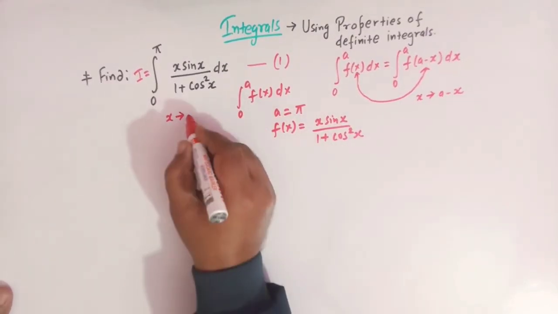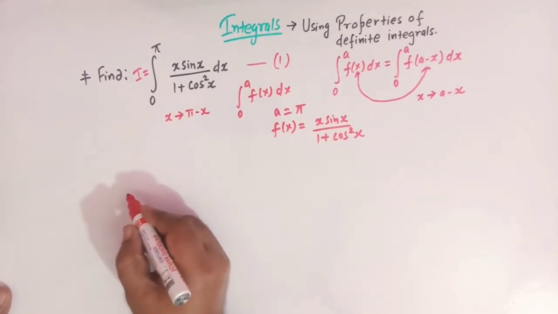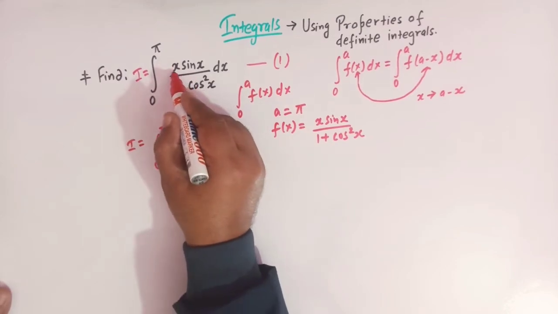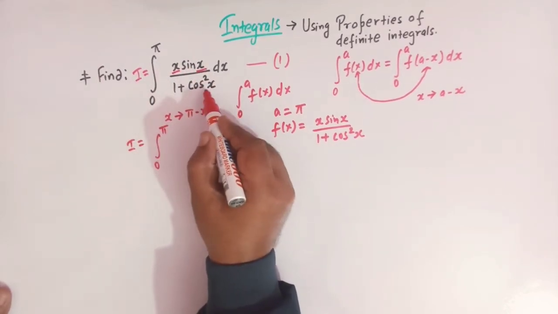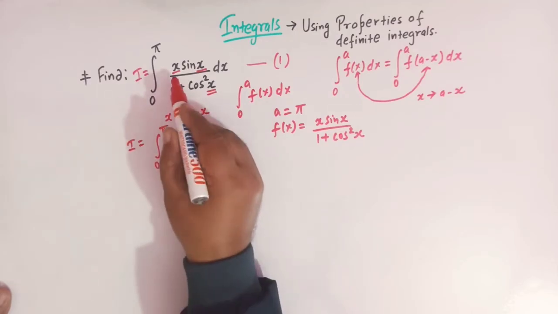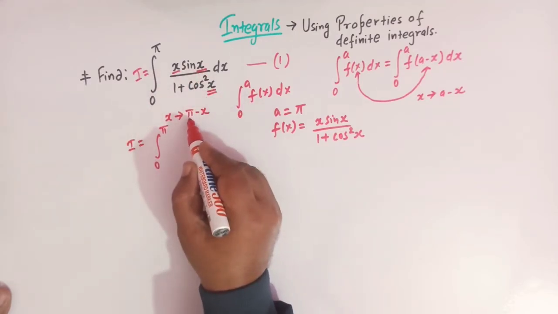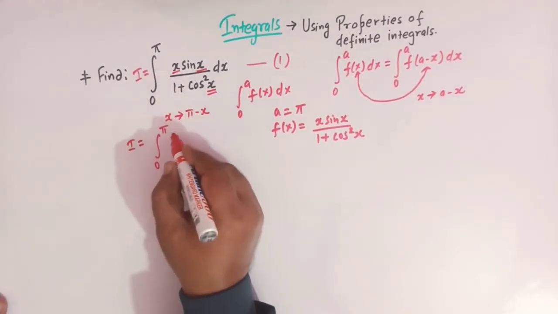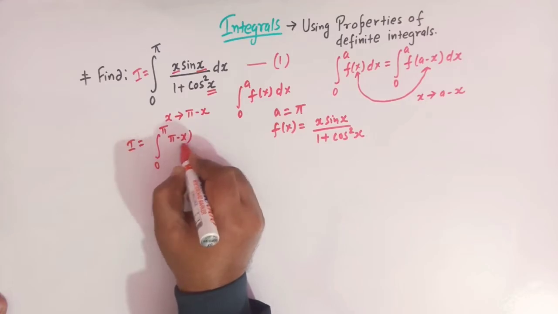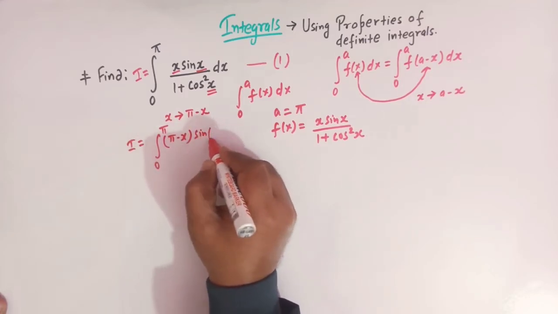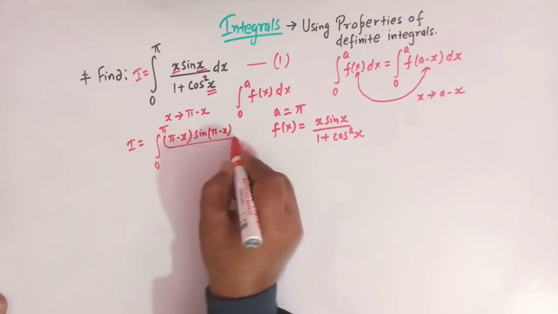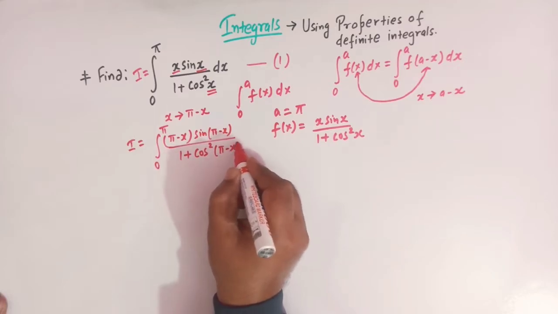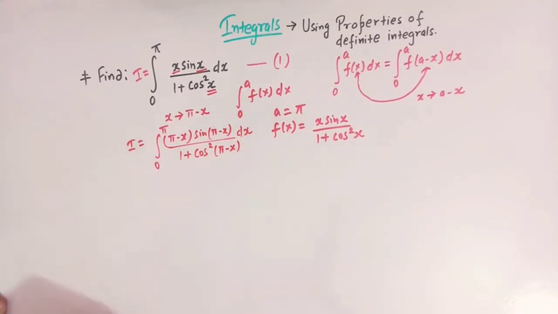Since a is pi, we have pi minus x. So now I becomes the integral from 0 to pi, and these three x are replaced by pi minus x. So we write pi minus x, then sine of pi minus x, and then 1 plus cos square of pi minus x, and here we have dx.